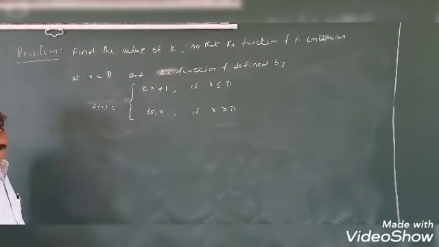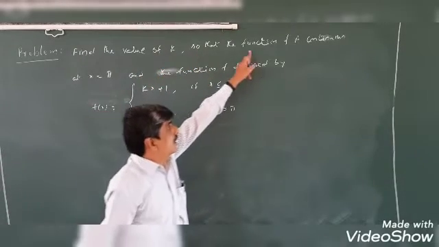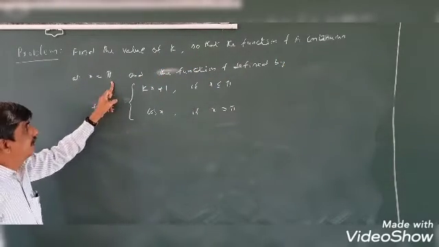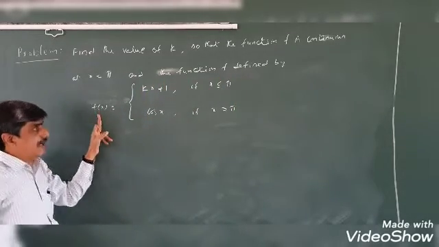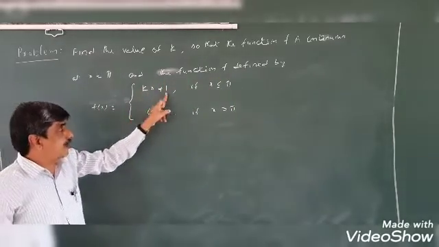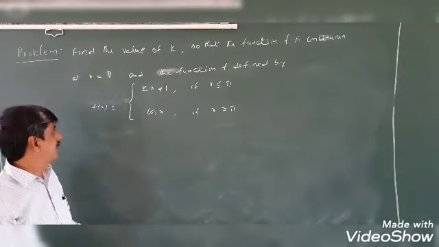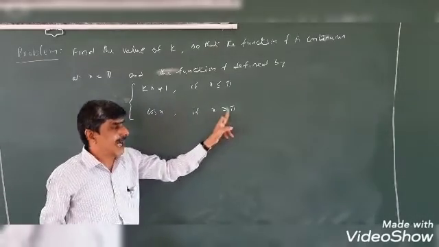Next numerical. Find the value of k so that the function f is continuous at x is equal to pi. And the function f is defined by f of x is equal to kx plus 1 if x less than or equal to pi, and f of x is equal to cos x if x greater than pi.